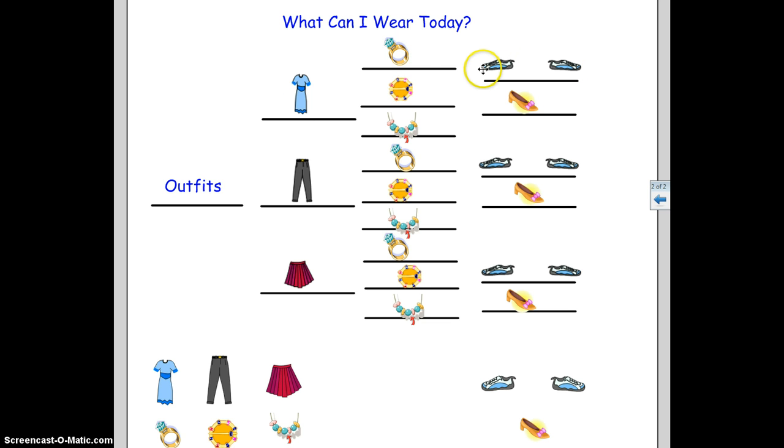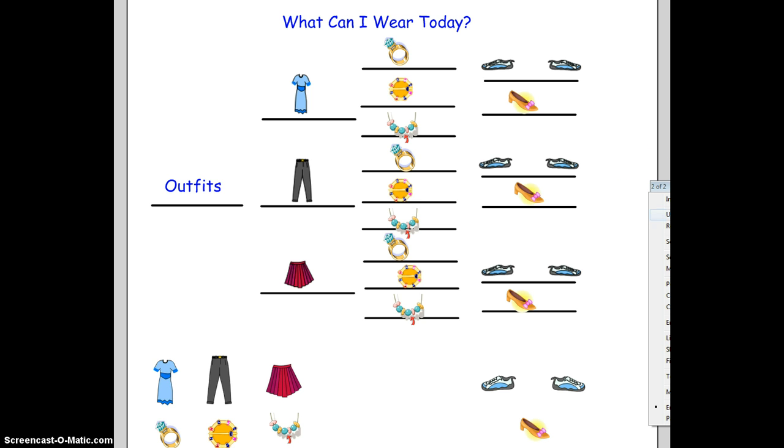Blue dress, brooch, tennis shoes, that would be 2 options. Blue dress, necklace, tennis shoes would be an option, and I could continue to go through my tree diagram and count out by making tally marks on the side of my tree diagram for each one.